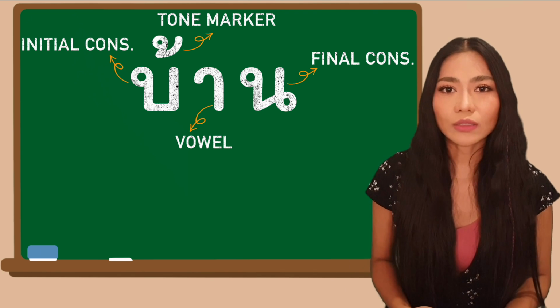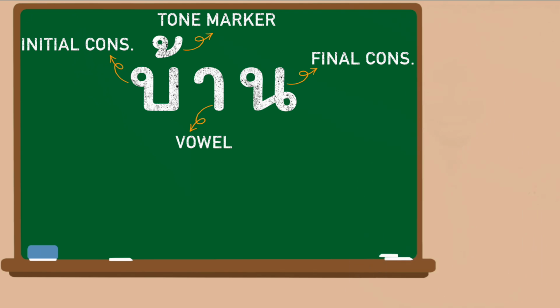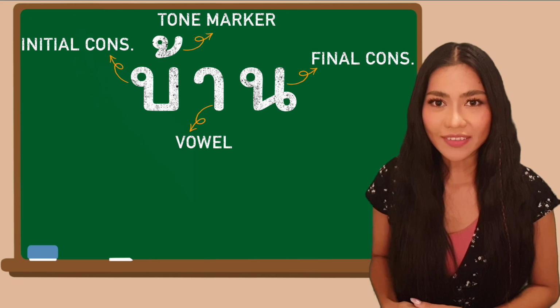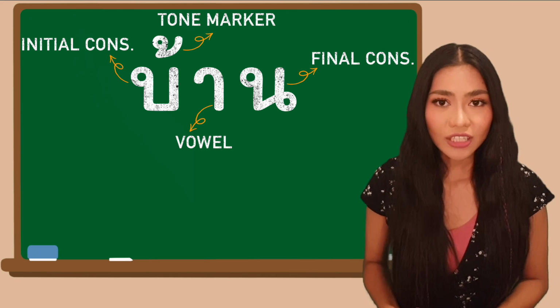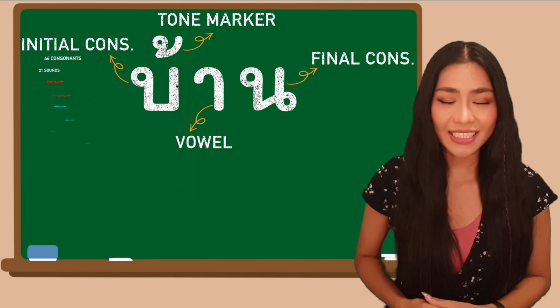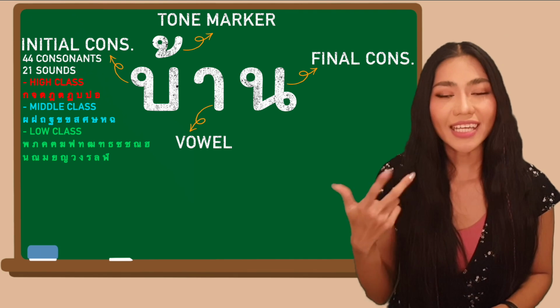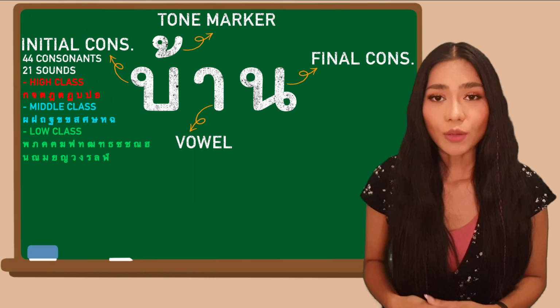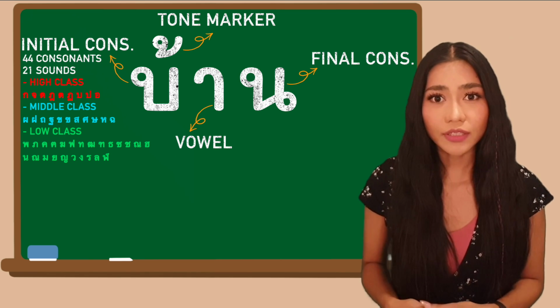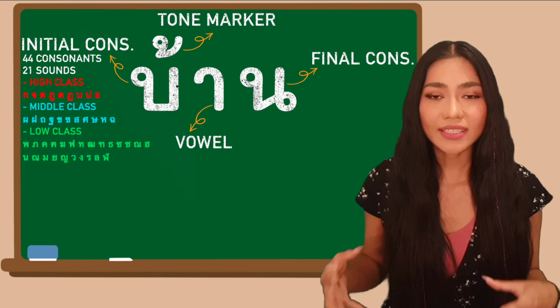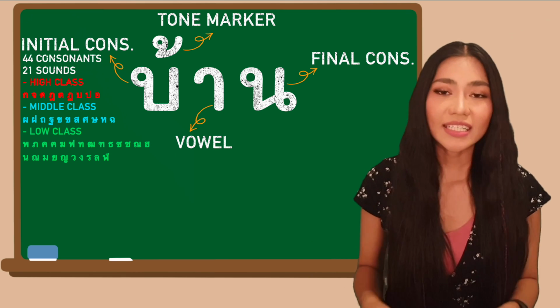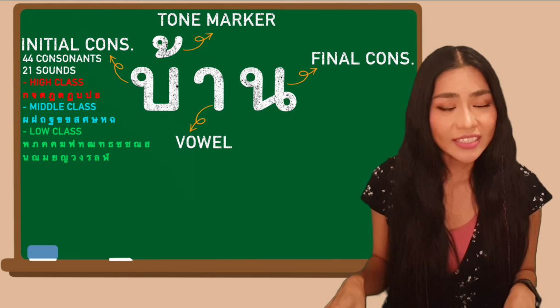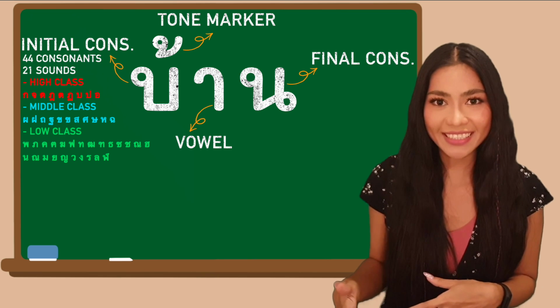So now let's take a look at each component. First, we have initial consonants. Initial consonants are divided into three classes: high class, middle class, and low class. We have a total of 44 consonants, but only 21 sounds, because some of the consonants sound exactly the same, but they are completely different consonants and they belong to different classes.